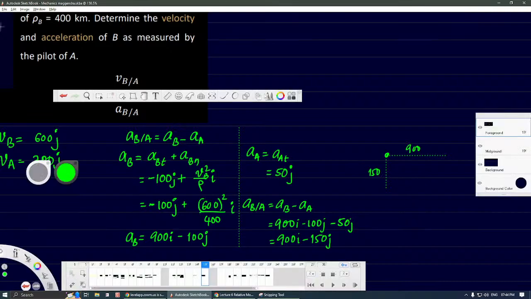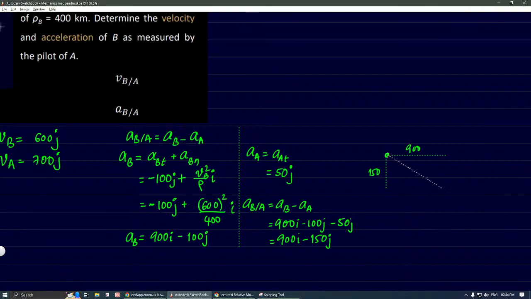So our acceleration will be in what direction? It will be like this, right? So first we need to find magnitude. Magnitude is 900 square plus 150 square under root.